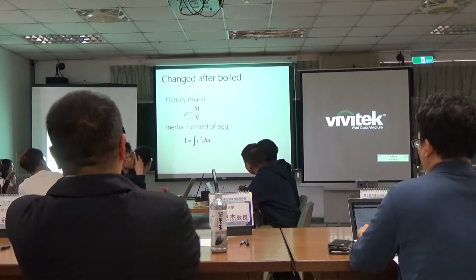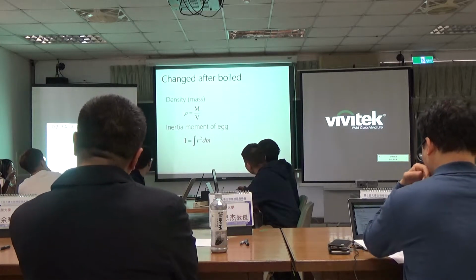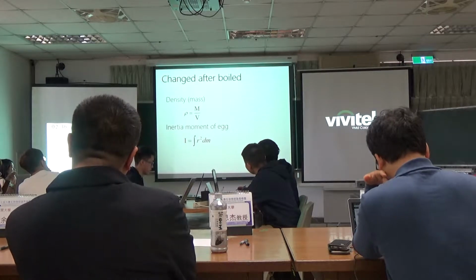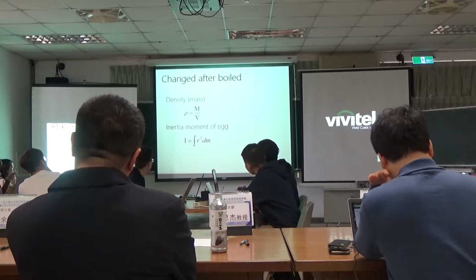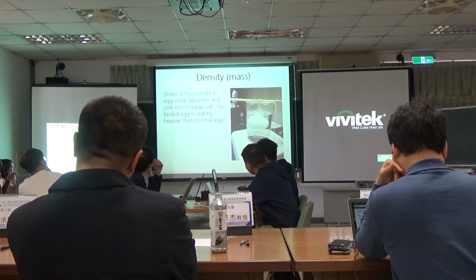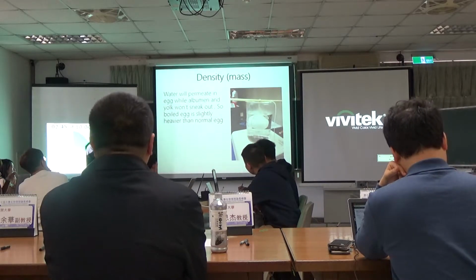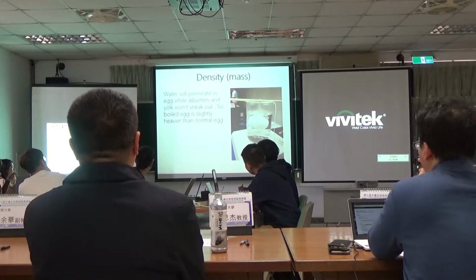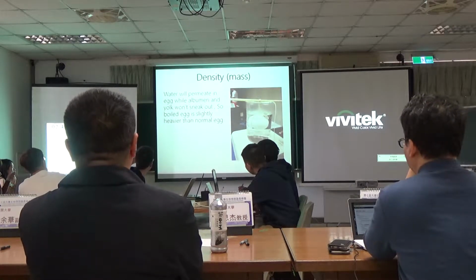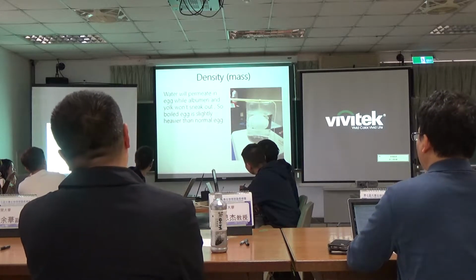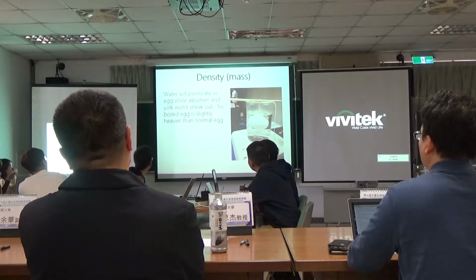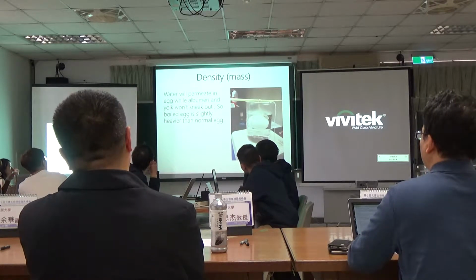So what physical properties will change after boiling? The density will change, and the inertia moment of the egg will change, since the water will permeate into the egg while albumin and yolk won't sneak out. So the boiled egg will be slightly heavier than the normal egg.